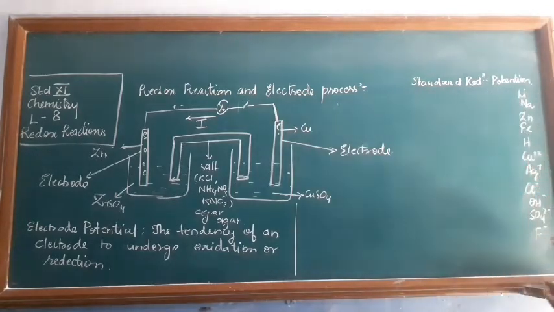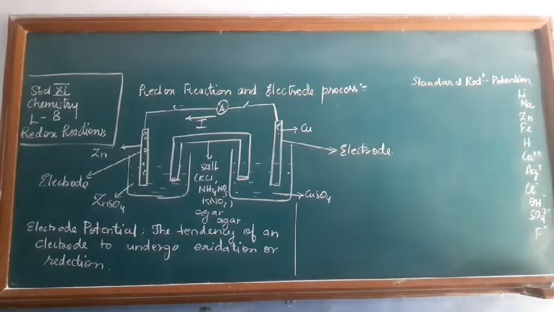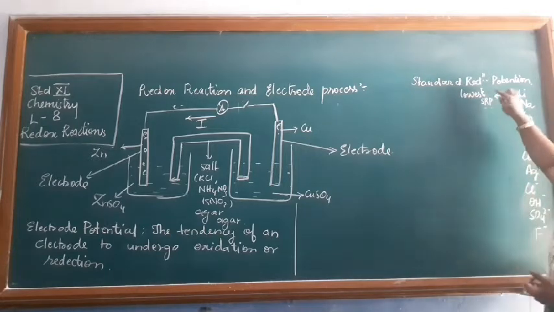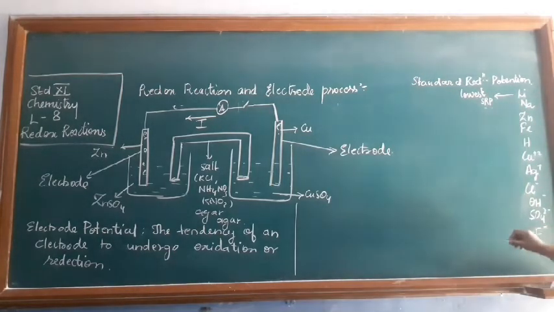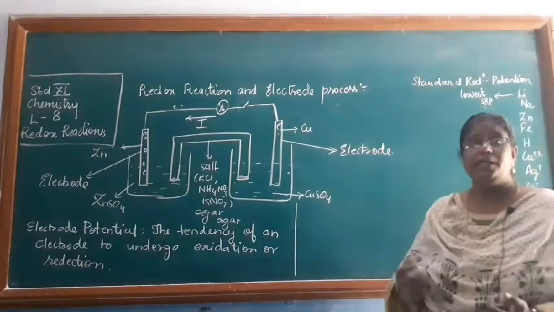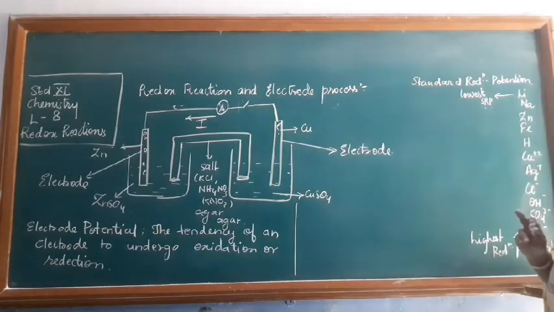Okay, so how have I arranged this? These are elements we usually use. They are all arranged according to their standard reduction potential. Lithium has the lowest, it will have the lowest standard reduction potential, SRP, and F will have the highest reduction potential. Li is a metal, so what is its tendency? To give electrons. It will not get reduced. It does not have reduction, meaning you are not gaining electrons. So lithium has the lowest standard reduction potential and F has the highest reduction potential.